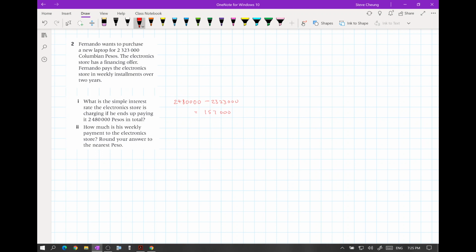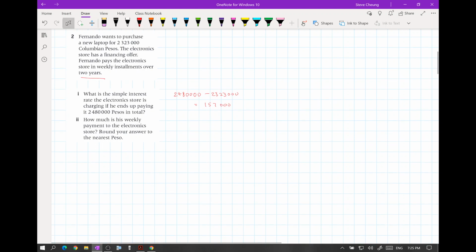And then we want to finance that over weekly. How many years? 2 years. So we will take 52 weeks as the number of weeks in a year. We take this number and divide it by 52 times 2, so for a total of 104 weeks.